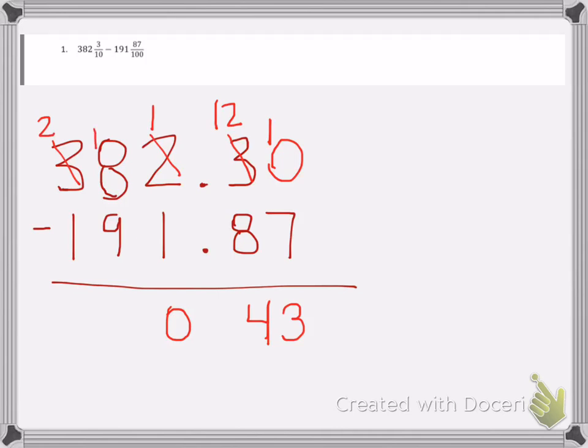That becomes a 2, and this becomes 18. So 18 minus 9 is 9, and 2 minus 1 is 1. The last thing we have to remember is the decimal comes straight down into our answer. So 382 and 3/10 minus 191 and 87 hundredths is equal to 190 and 43 hundredths.